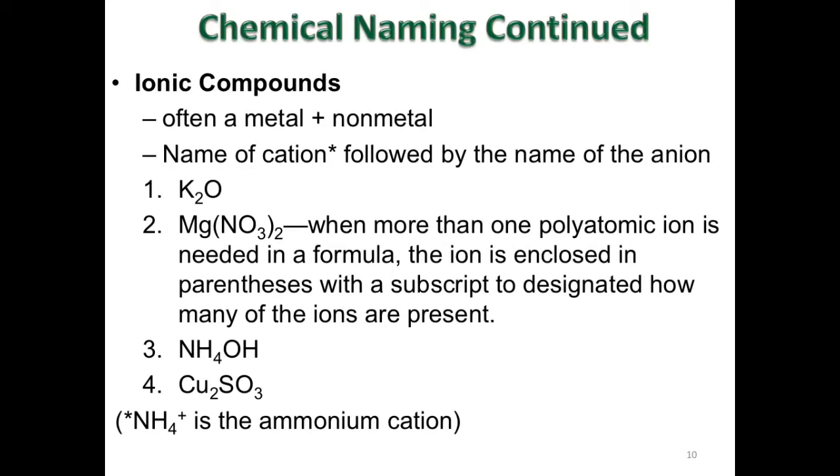Naming is just as we saw with a metal followed by the non-metal, but in this case we can also include the ammonium ion. So we give the name of the cation followed by the name of the anion.